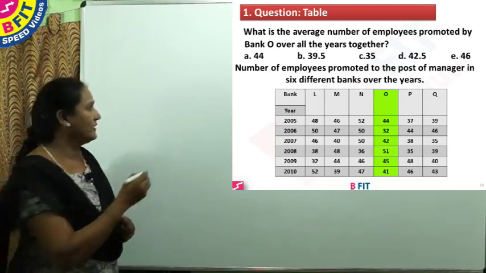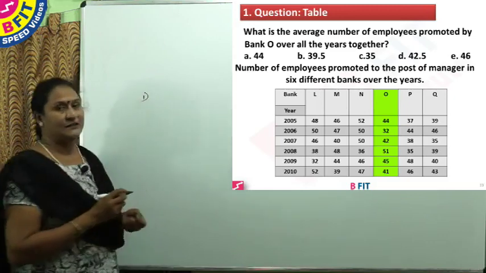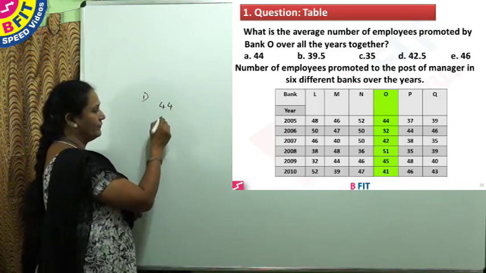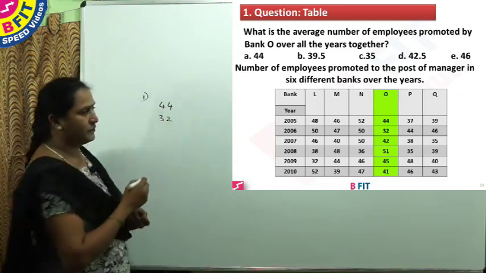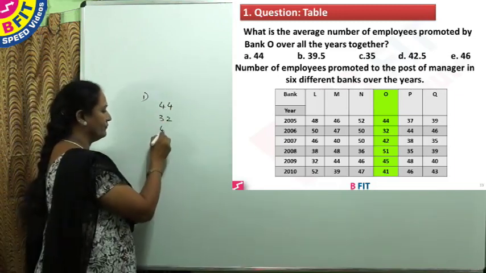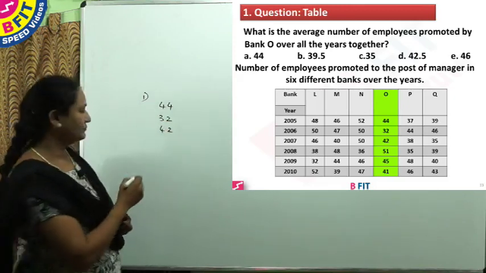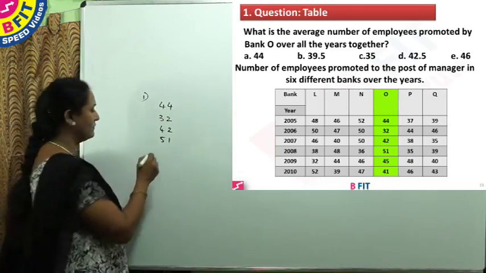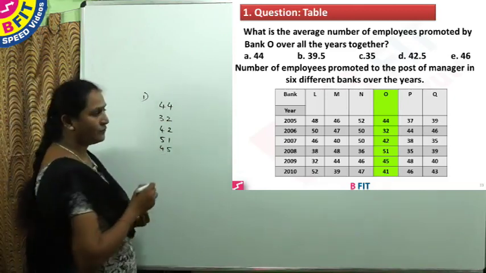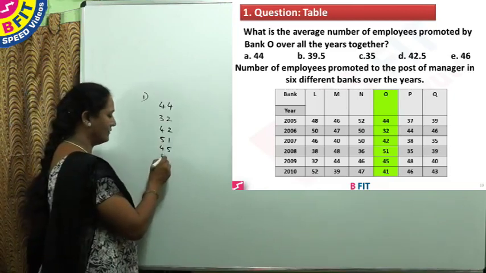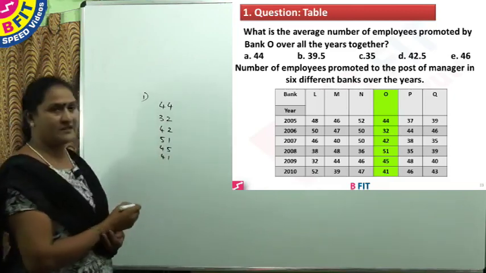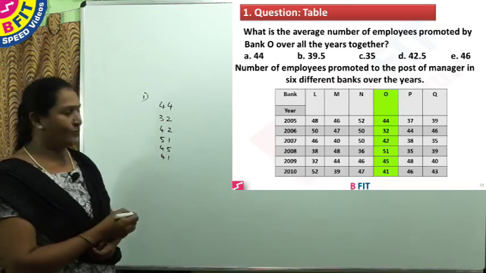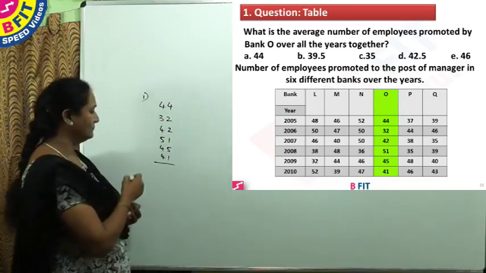So for question 1, the data we have is 44, 32, 42, 51, 45 and 41. So we have the 6 years' data, number of employees promoted in this Bank O.